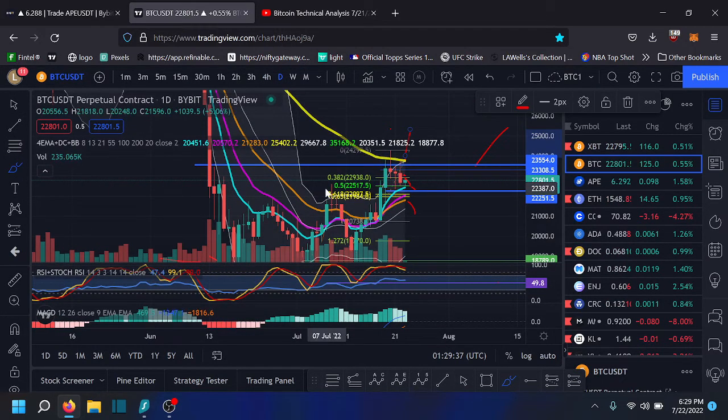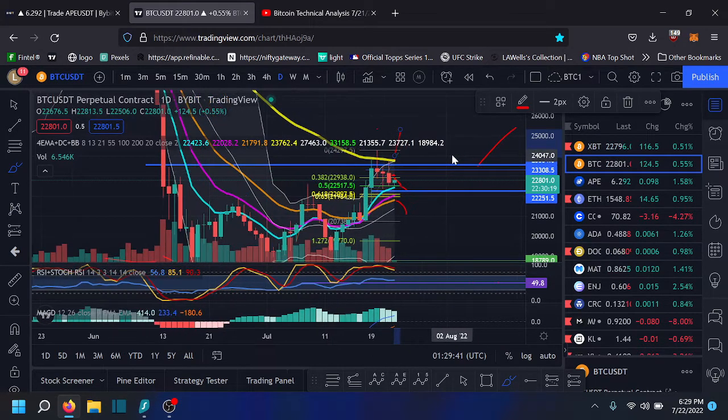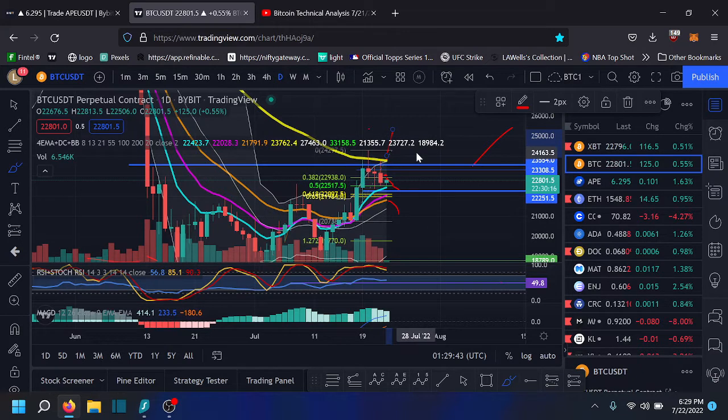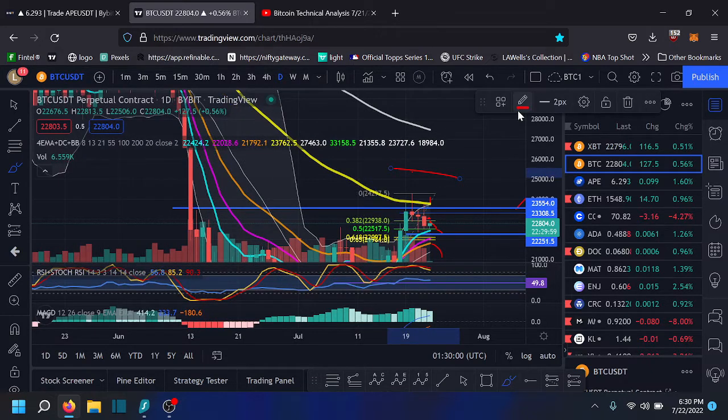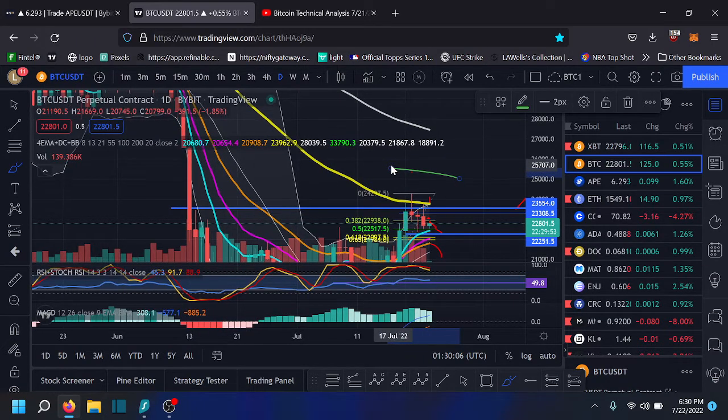We need to stay above the 55-day exponential moving average, which I mentioned like 2 videos ago. We must close above here. We must stay above this area, right? So this is where the green is going to be. Let me just add a zone right here. This is the area that you want to stay above.